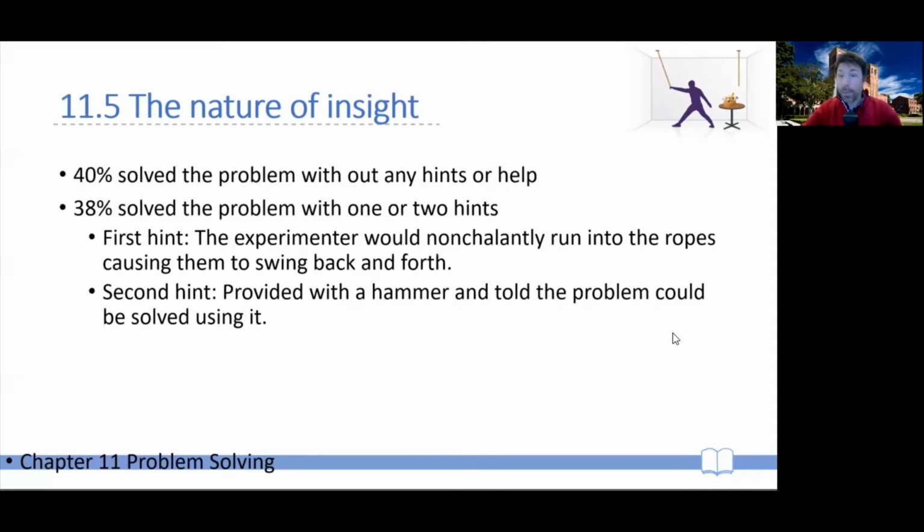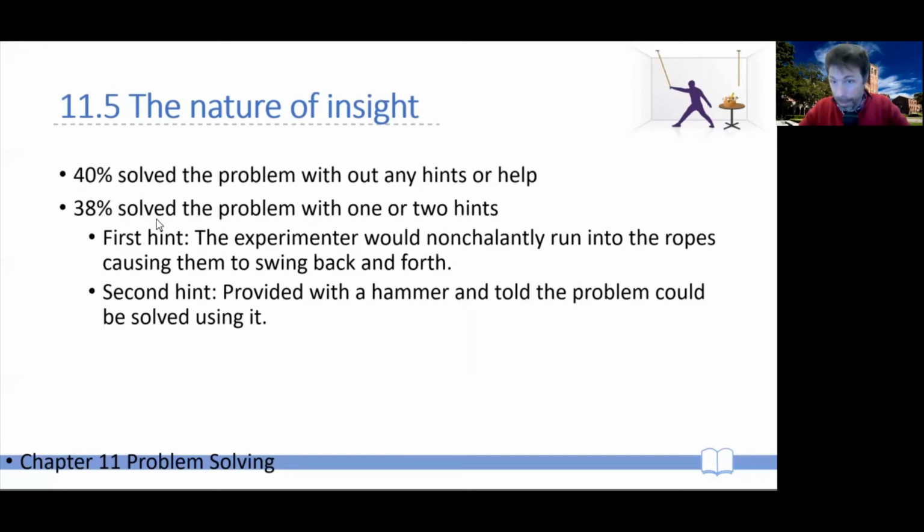In other words, some participants spontaneously appear to be able to restructure the problem and have insight and understand how to solve it. But another 38% needed some kind of cue in order to realize what restructuring was needed to solve the problem.